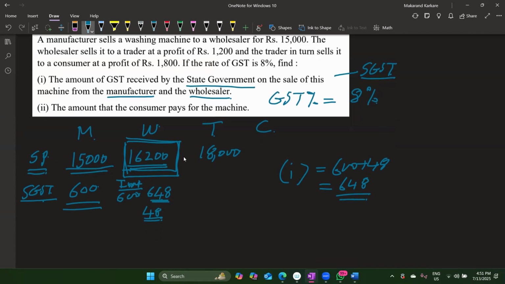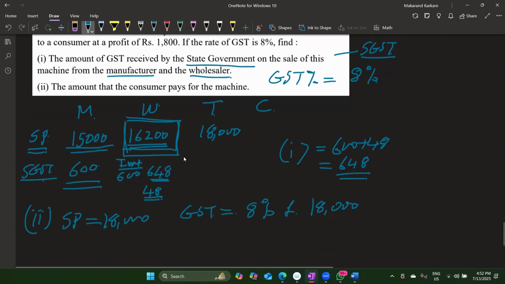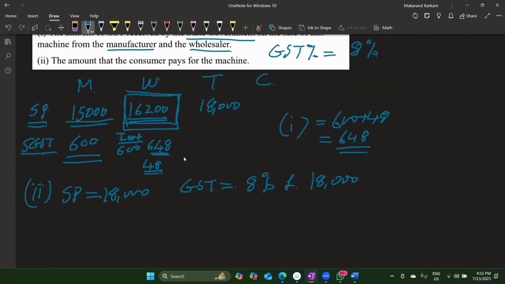Now, as far as amount that consumer pays, for the consumer, the sales price is equal to 18,000. GST is going to be 8% of 18,000. Remember, the consumer doesn't understand that part of the money is going to state government and part going to the central government. He is paying the whole GST. And so this is going to be 1440.